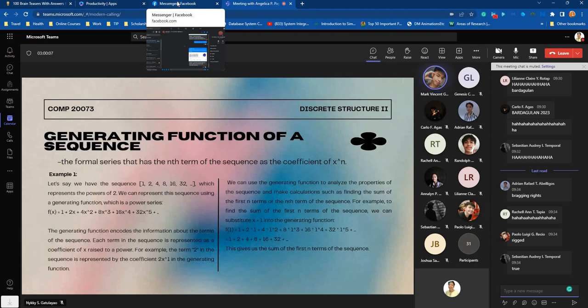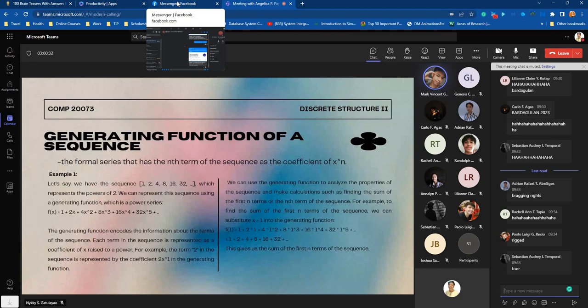The next term to discuss is the generating function. It forms a series where the terms of the sequence are the coefficients of x raised to n. Let's say we have the sequence 1, 2, 4, 8, 16, 32, which represents the powers of 2.